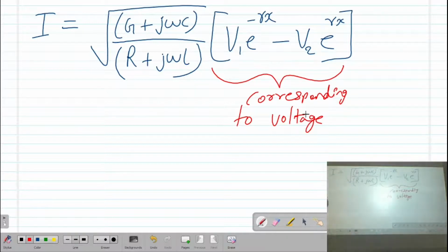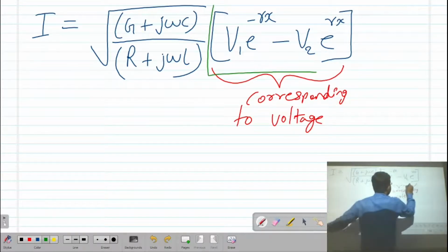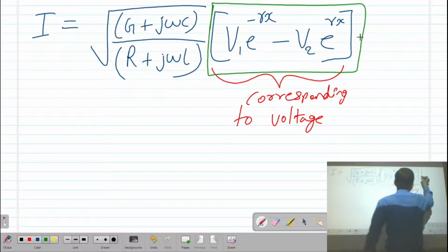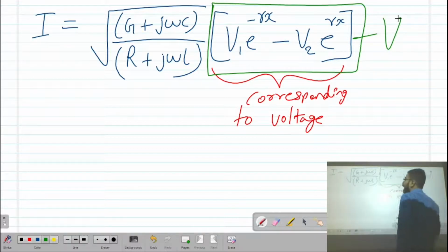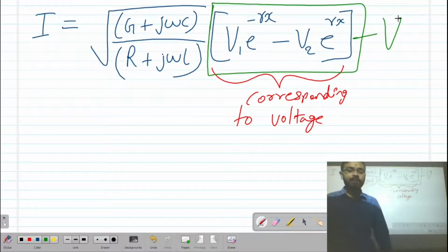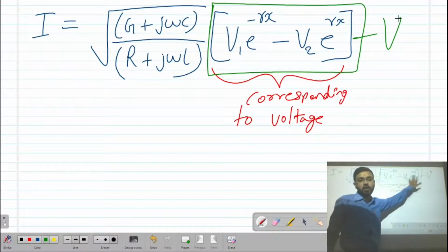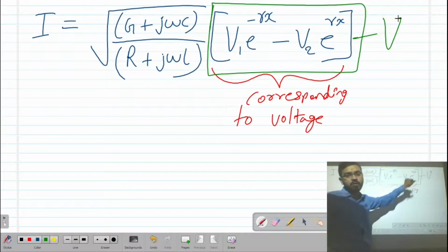And if this whole term corresponds to voltage, I can write this as V, because both are voltages and they will have a corresponding total voltage.